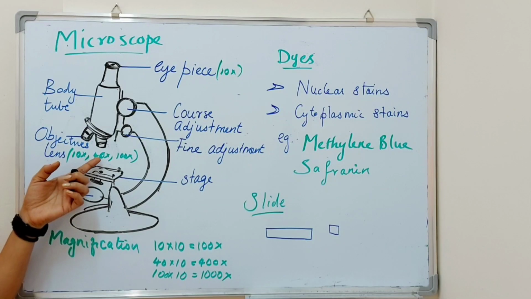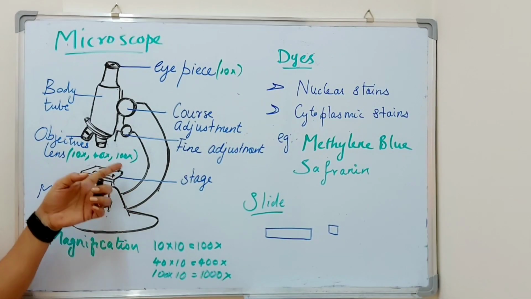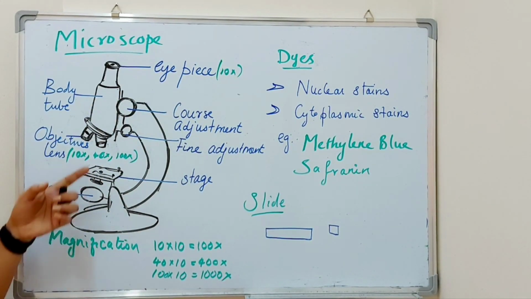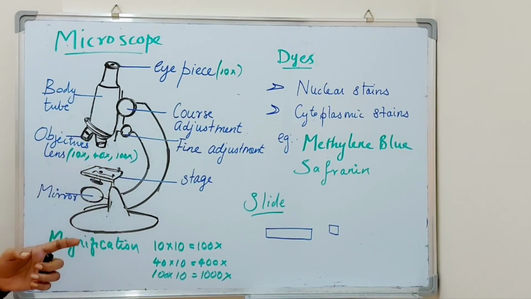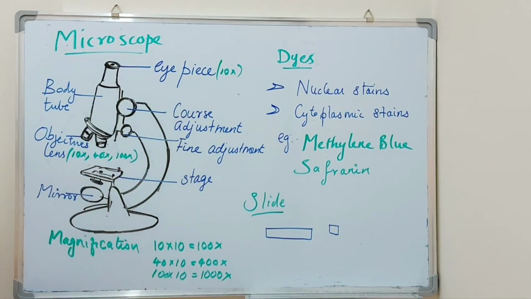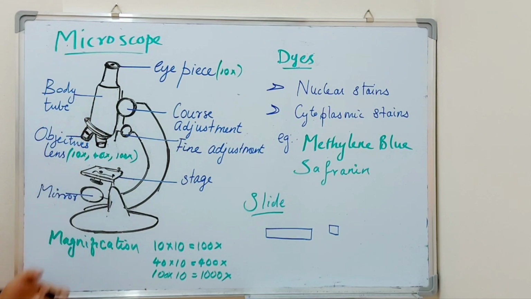Now if you are using the 40x objective, the total magnification will be 40x of the objective lens into 10x of the eyepiece. Now if it is 100x of the objective, total magnification will be 100x into 10x of the eyepiece. Thus magnification is produced twice, and the final magnification will be the product of the magnification produced by both lenses.